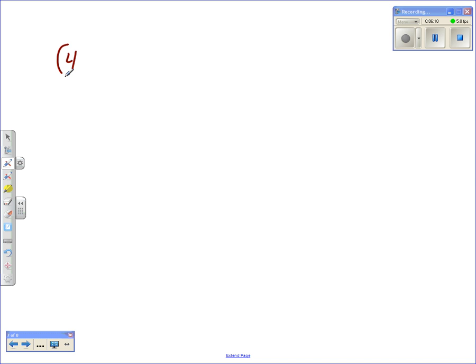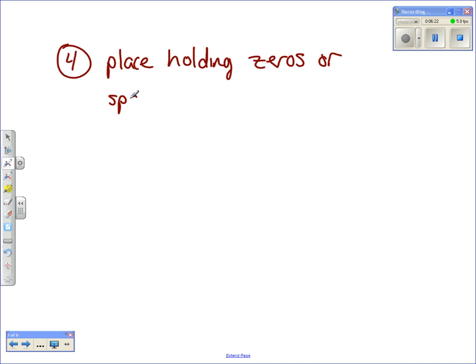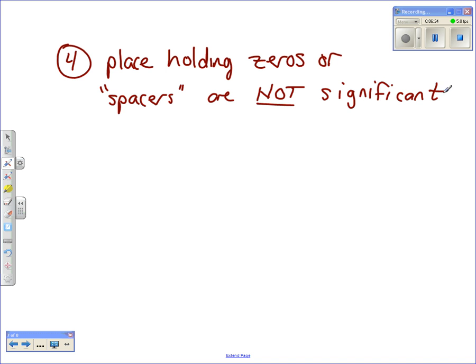So rule number 4 is placeholders. Placeholding zeros are not significant.